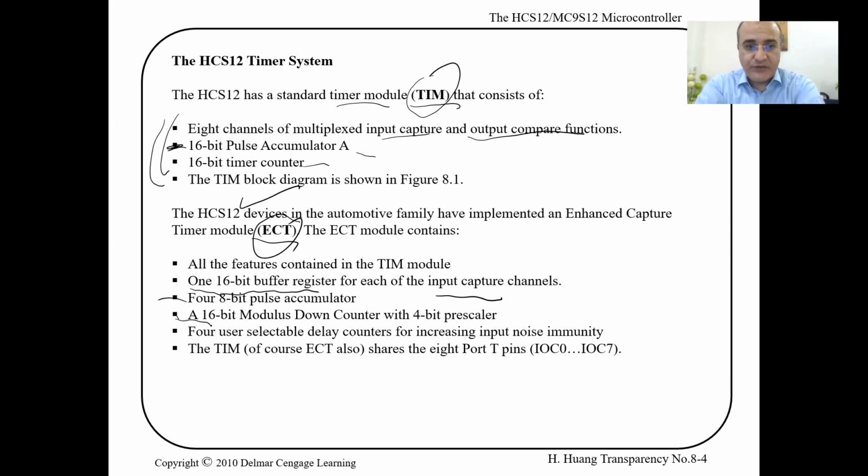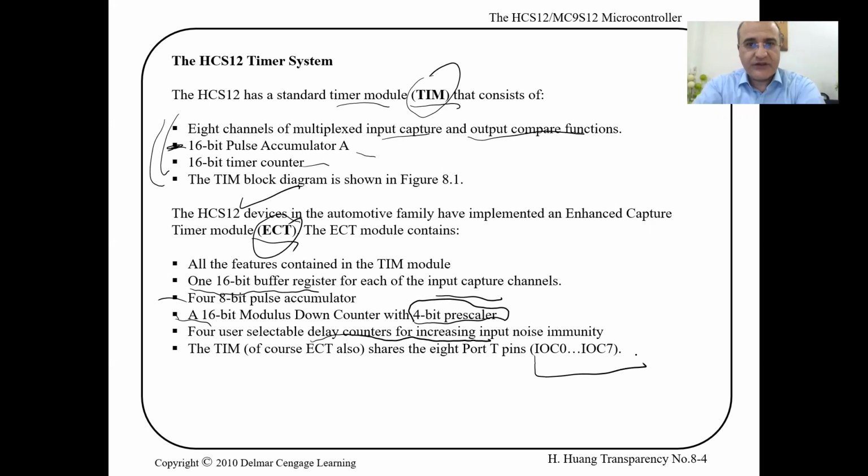It has a 16-bit modulus down counter with a prescaler whose speed you can control. It also has 4 user-selectable delay counters to increase input noise immunity.